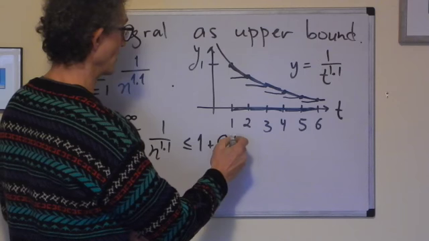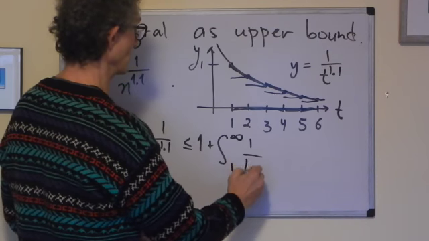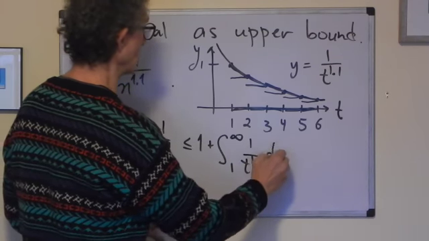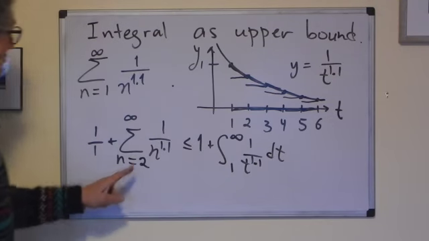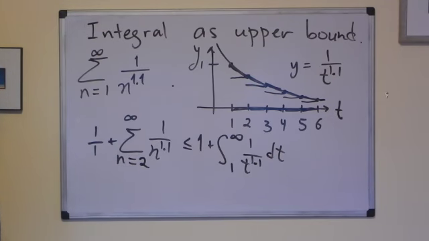So this gives an upper bound for all the terms from the second one on.